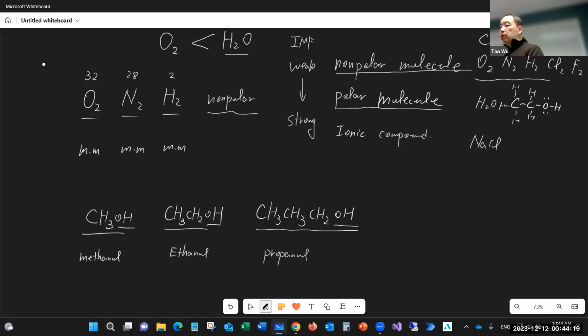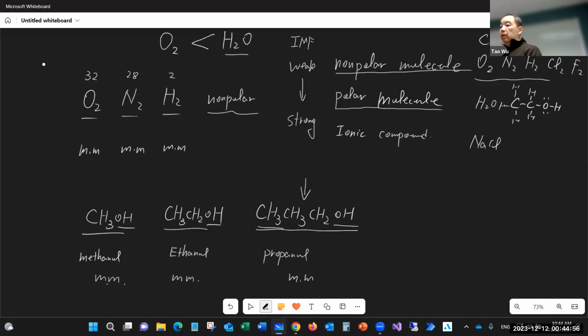The only difference is that each has one more CH3 attached to the structure. So which one has a higher intermolecular force? The last one, because it has a bigger size and a higher molar mass. You're just looking at the molar mass. Obviously, the last one has a bigger molar mass than the rest, so it should have a stronger intermolecular force.